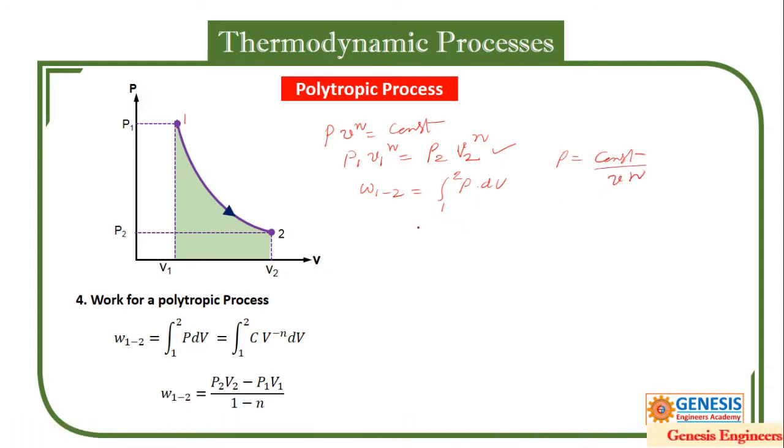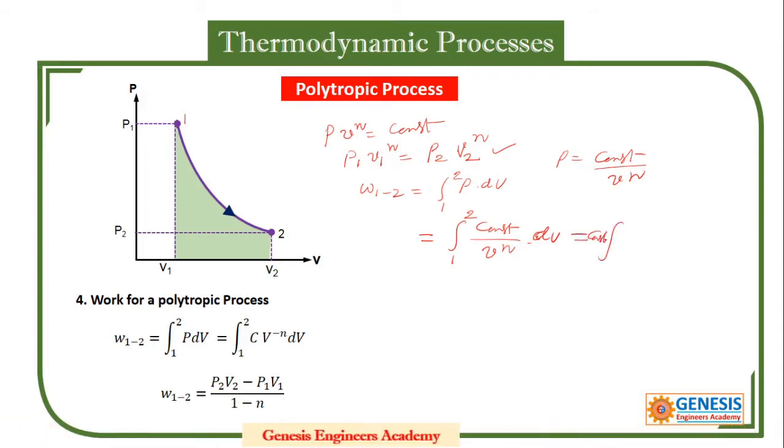Next, I replace it with constant by V to the power of n into dV. If you place this constant before, that is dV by V to the power of n. Okay, so this is now V to the power of minus n dV integral, before that is a constant.